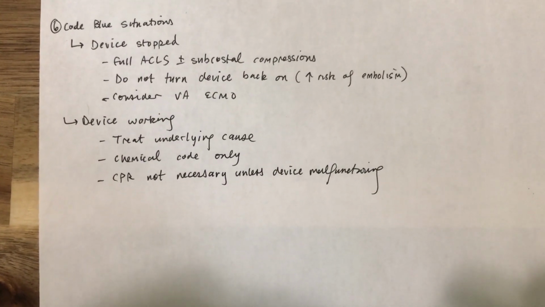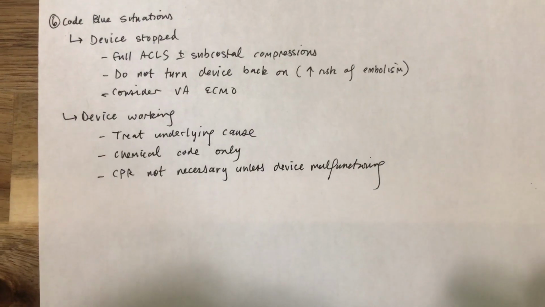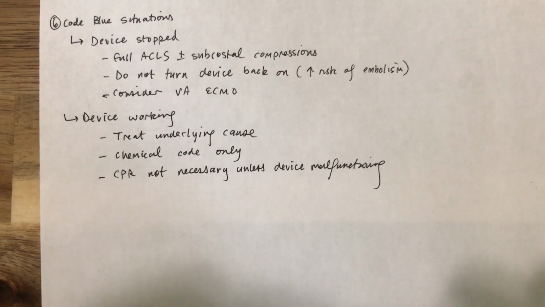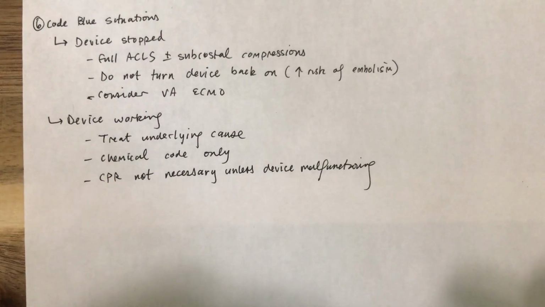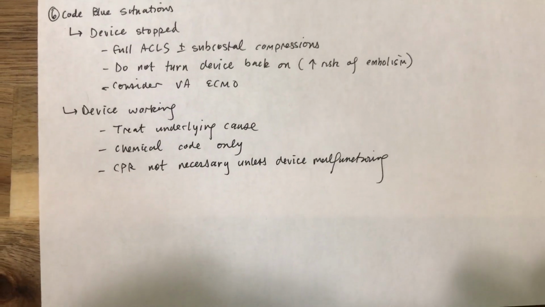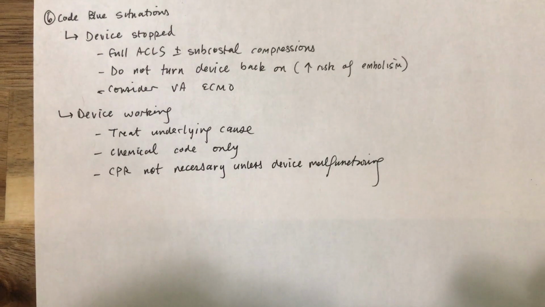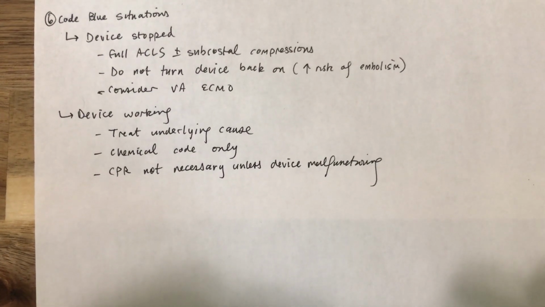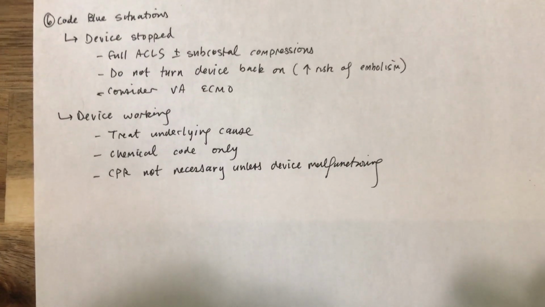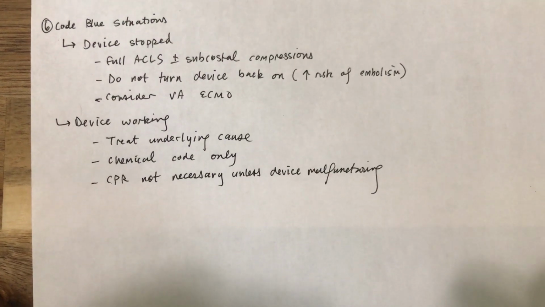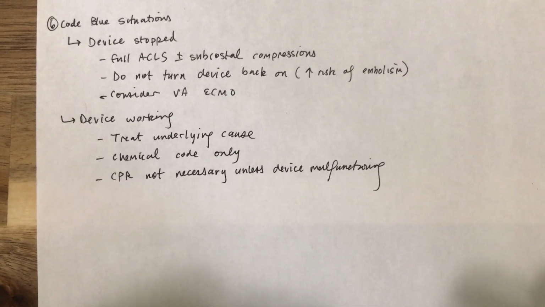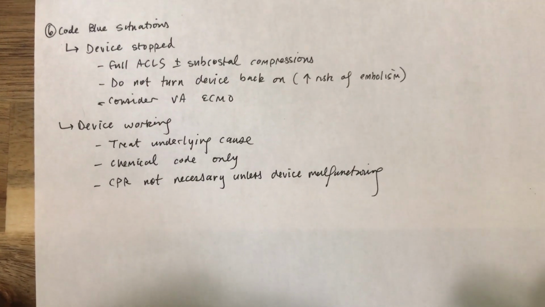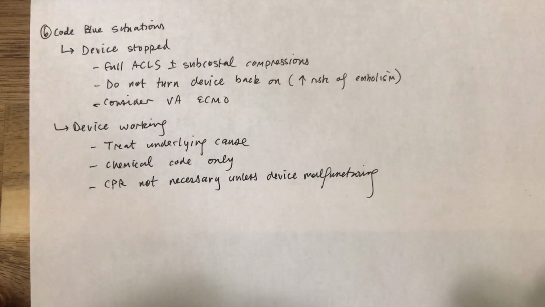Do not turn the device back on, because if there's thrombosis inside of the VAD, turning it back on is going to send a gigantic shower of emboli throughout the body. And this is a situation where the patient will probably have to go on VA ECMO. Call the attending, call surgery, rally the troops. This is an attending level and fellow level issue.